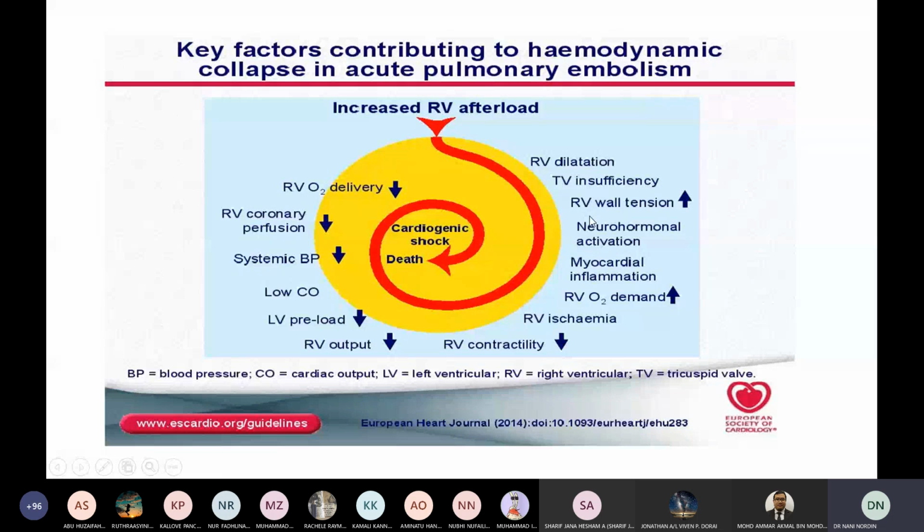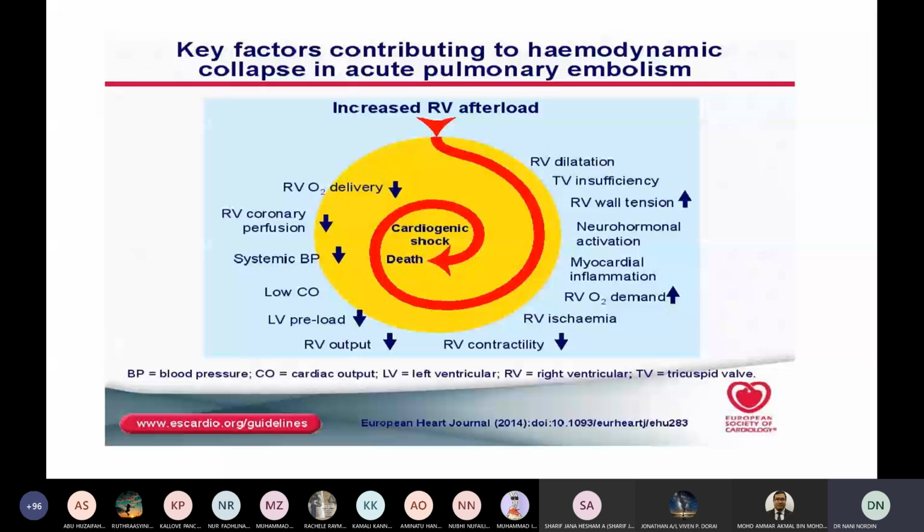Right ventricular dilatation, increase in wall tension. There's also neurohormonal activation that comes hand in hand. With all this tension, there's also an increase in oxygen demand. So on top of that, you might also have right ventricular ischemia.